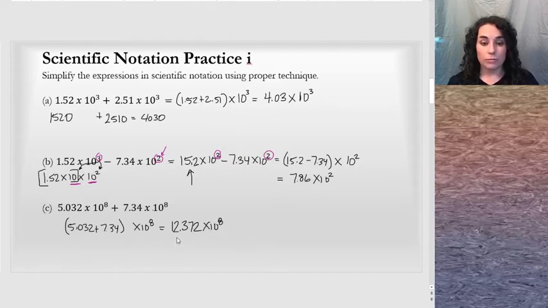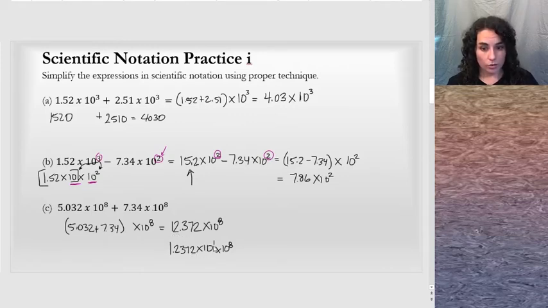You can see the problem here, 12 is greater than 10, and we want to be between 1 and 10. And so what we're going to do is move the decimal place over, which means that I'm gaining another power of 10 to the first power, times 10 to the 8th power, right? This number was 12, now it's 1.2.